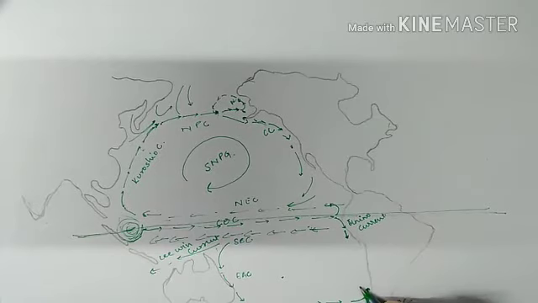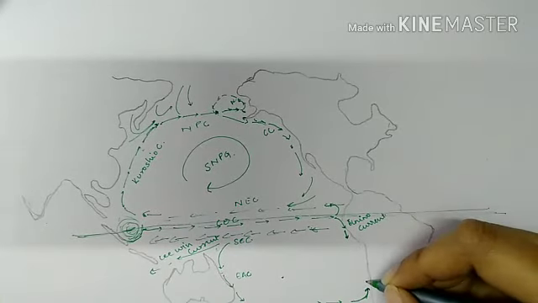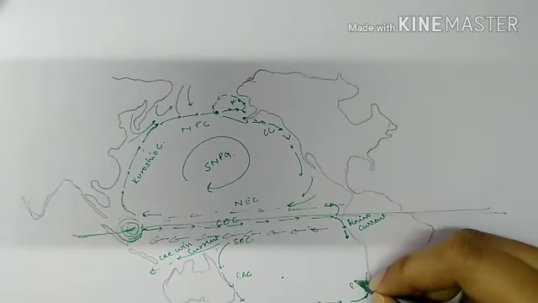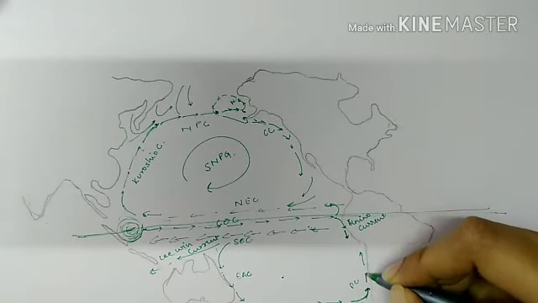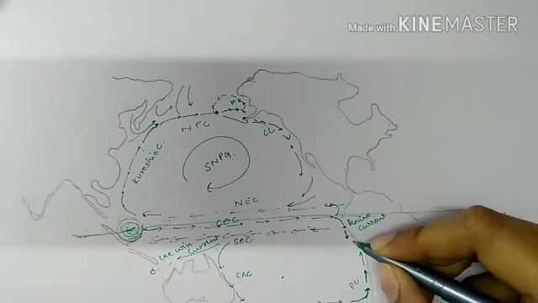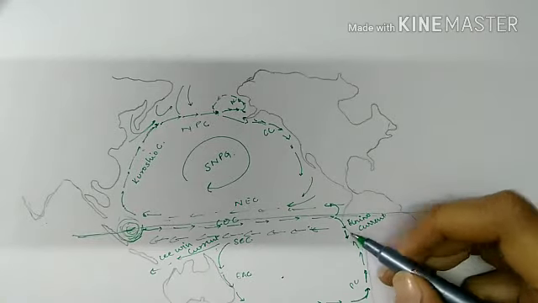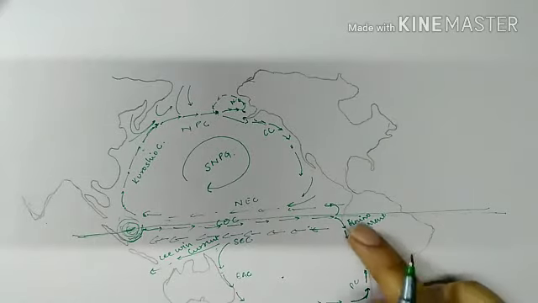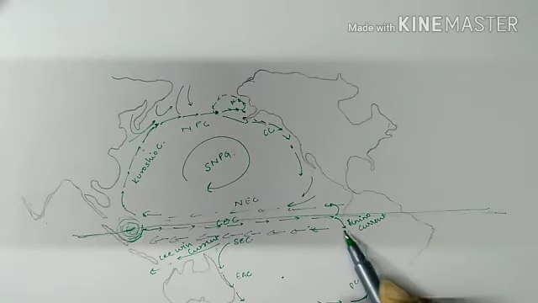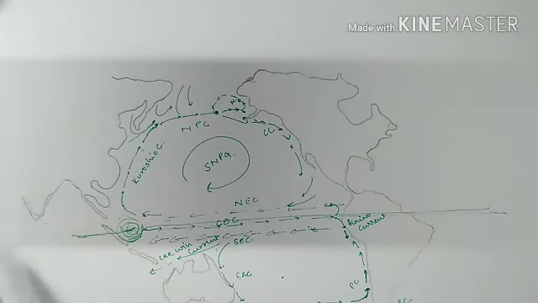Okay, and this current is known as the Peru current. The Peru current is also a cold current. So here we have the Peru current. During the period of El Nino, this Peru current is replaced by the El Nino current, thus causing problems in the southwest monsoon.